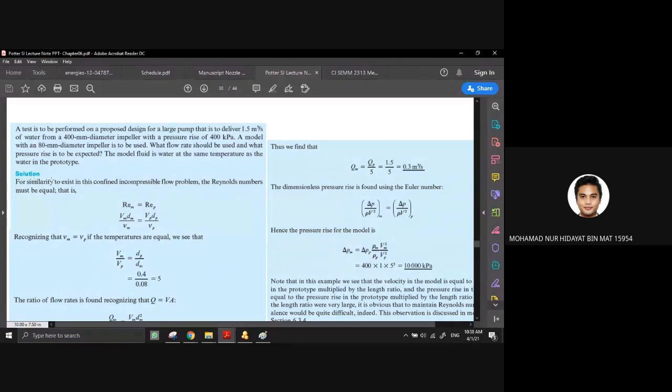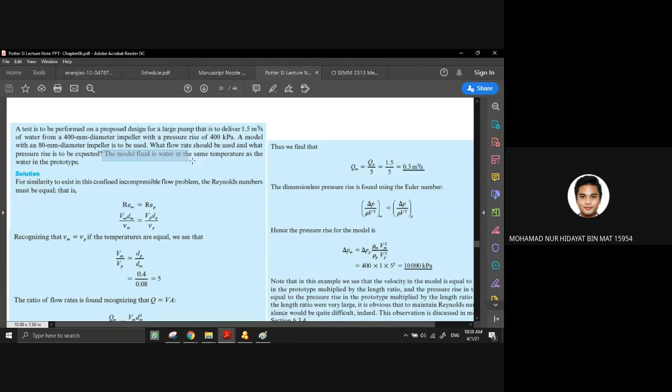Okay, for similarity to exist, the question gives you two things, the model and the prototype. In order to make sure of similitude, they should have similarity in the dimensionless parameter, which is the Reynolds number. You can see that the model fluid is water.